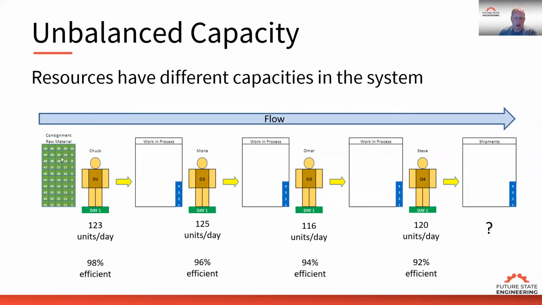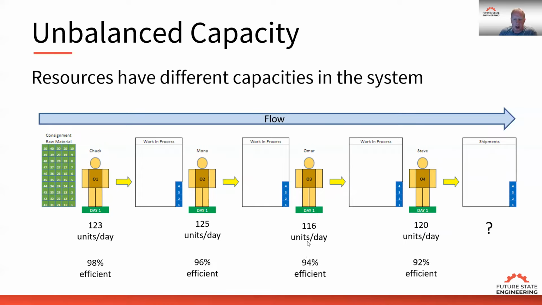By having an unbalanced capacity, delays don't transfer, because I have sprint capacity or protective capacity, if I utilize my resources correctly in the system. By having more capacity in the upfront operations than I do here at Omar, the chance of them causing delays for him goes down.